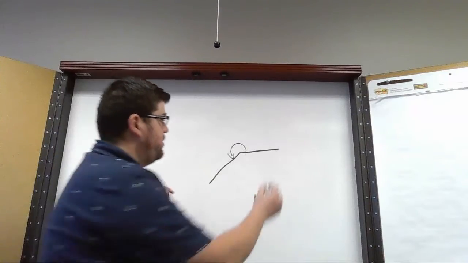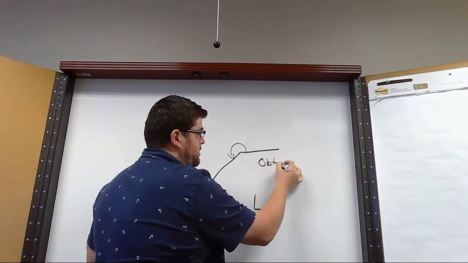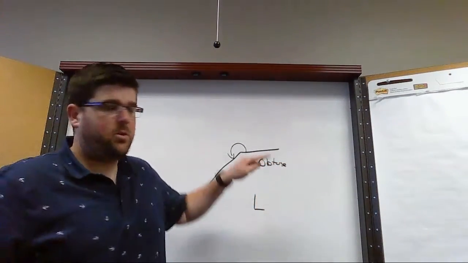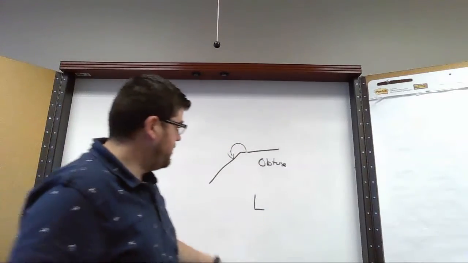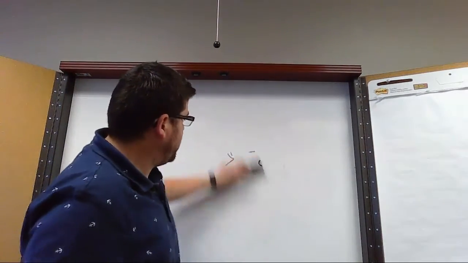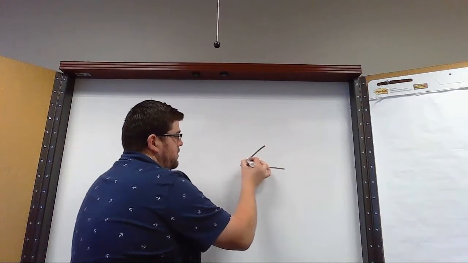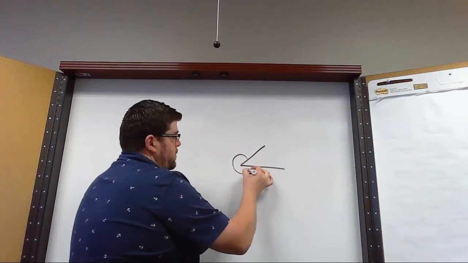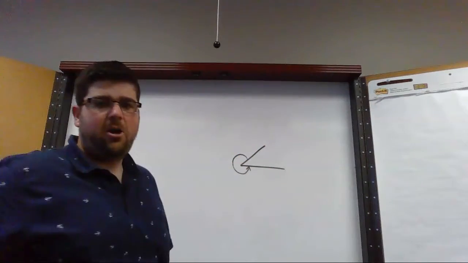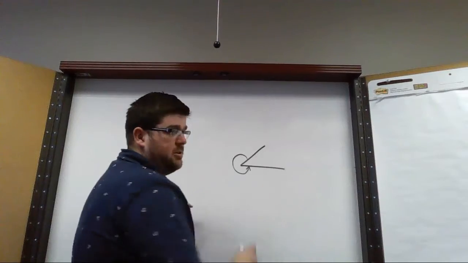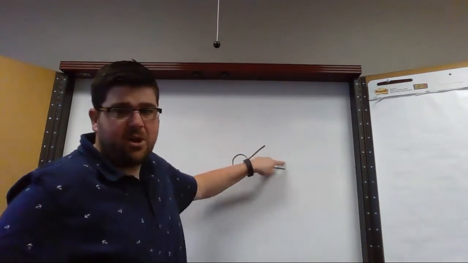So in this case, this one would be an obtuse angle because it's starting at this point and going clear around. But let's take a look at this angle. Some students will say, oh, Mr. D, that is an acute angle for sure, because look at that opening.